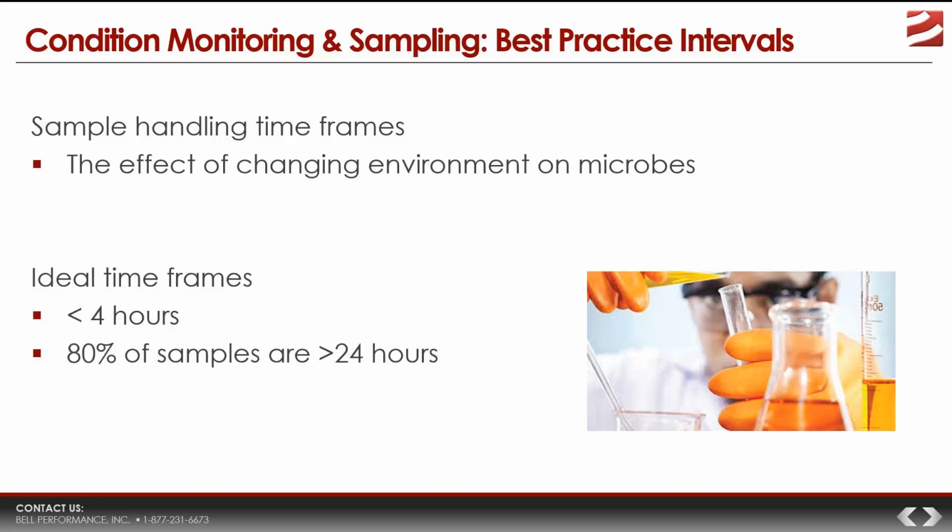And so, a final note on this. The best practices for detecting microbial contamination are, as we said, from system surfaces that have biofilm that are located at or in the vicinity of the fuel-water interface. But again, this is a pretty specific directive.